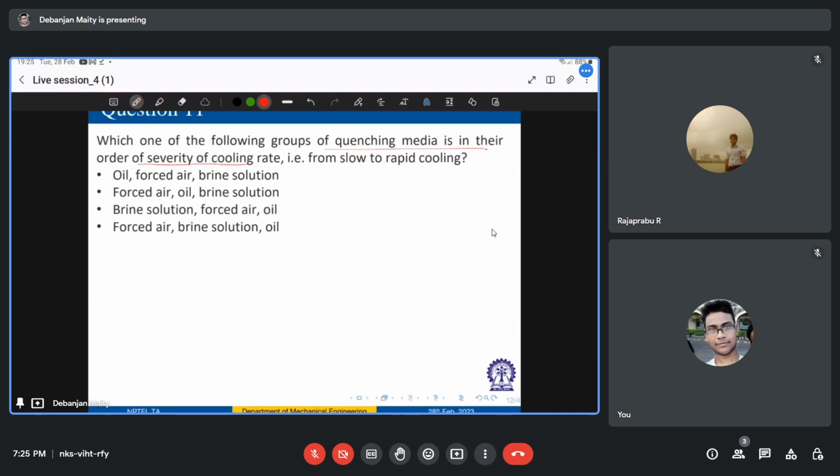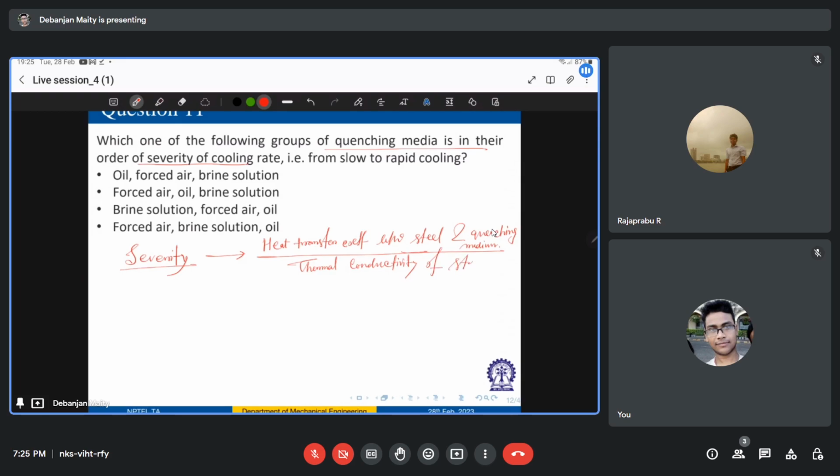Severity is basically a ratio of the heat transfer coefficient between the steel and the quenching medium, and the thermal conductivity of steel.